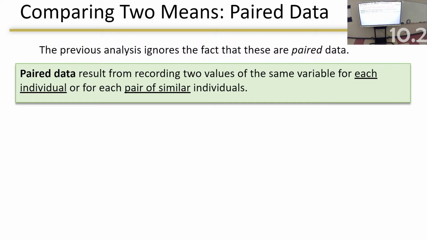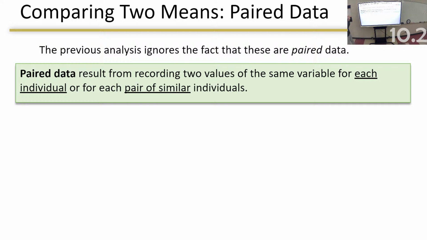The northern and southern trees were not paired. I guess I could have paired them by when they were planted, but we're doing a whole lot of extra work there, and it didn't talk anything about that. So sometimes you can pair data, but it would specifically talk about how they're paired.